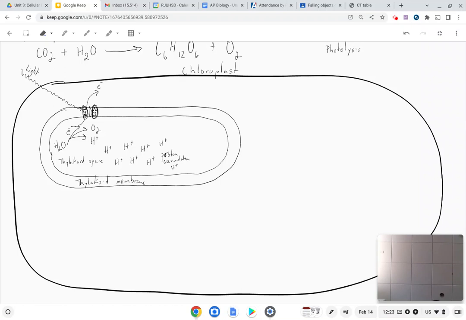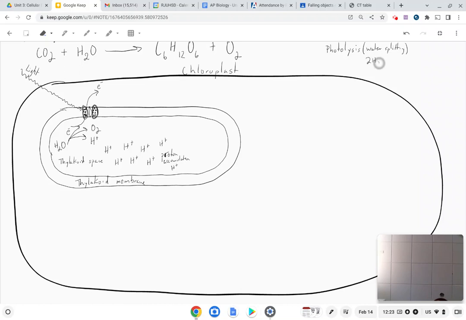And if you break down the etymology of the word, photo means light, and lys means split. So photolysis, also known as water splitting. And the overall reaction, I'm just going to sum it up over here.